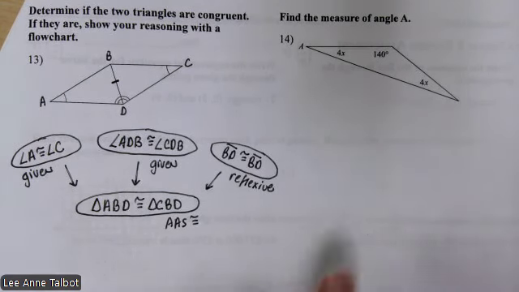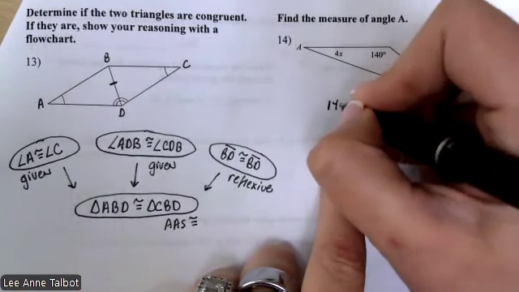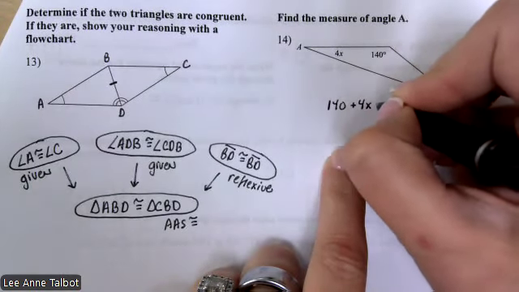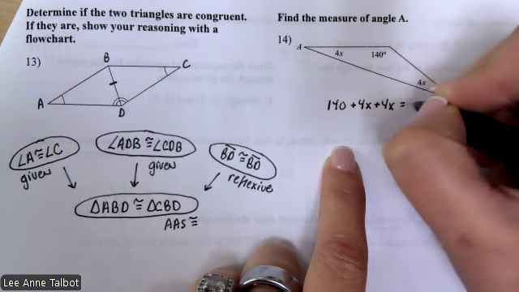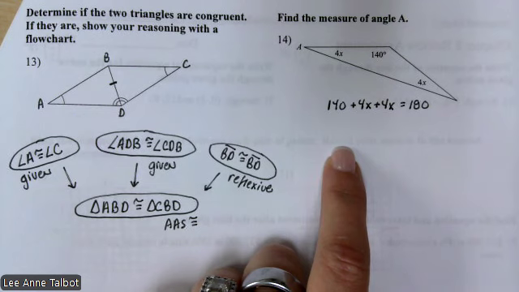Okay. Number 14, find the measure of angle A. 140 plus 4x plus 4x equals 180. I feel like there's a much simpler way to do this problem. Did anybody see a simpler way? I'm thinking of Noah.